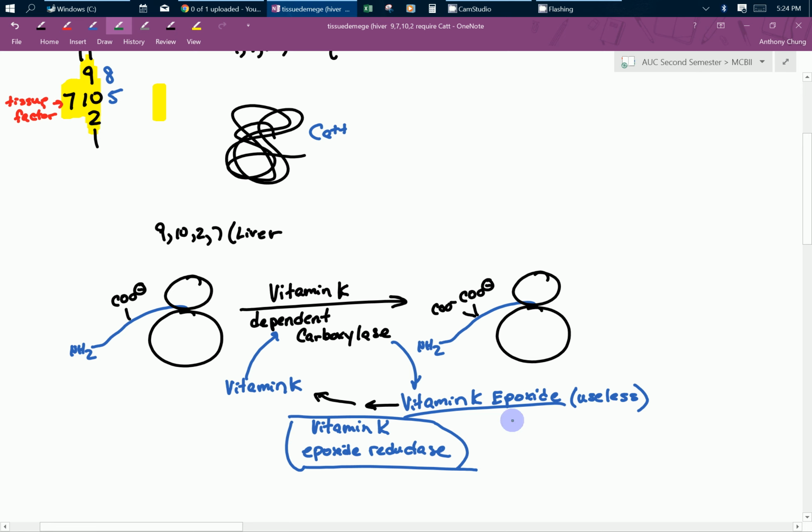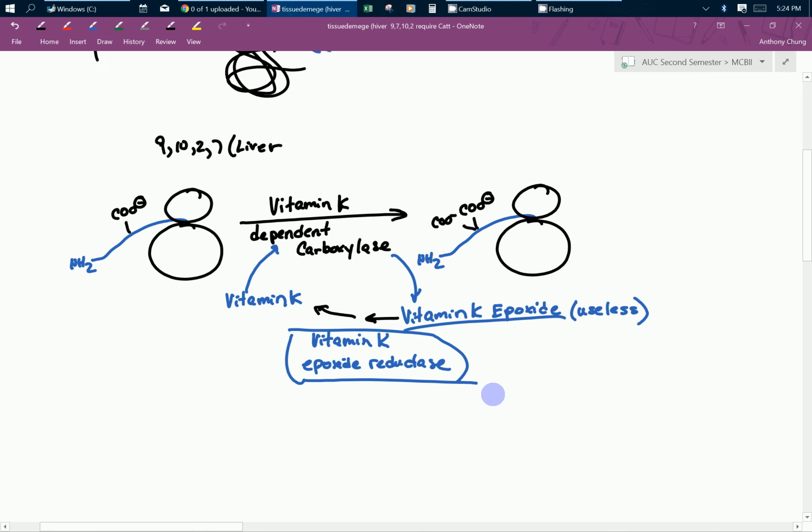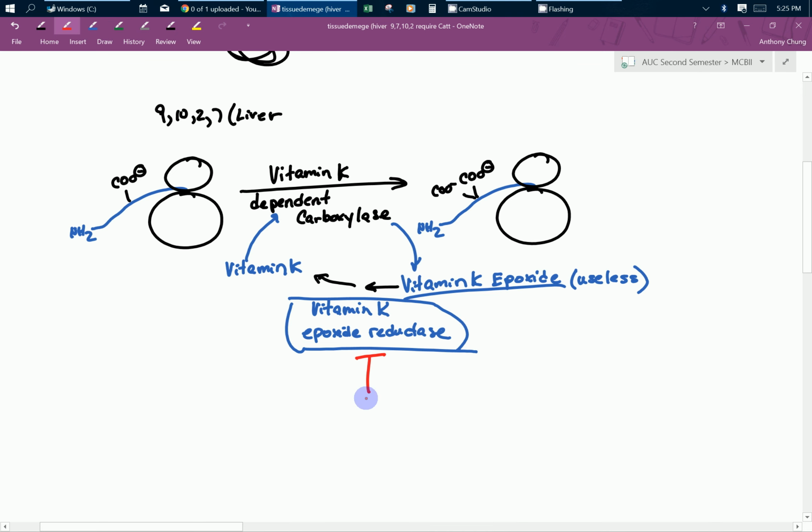So this enzyme is very important because this is where warfarin will act.